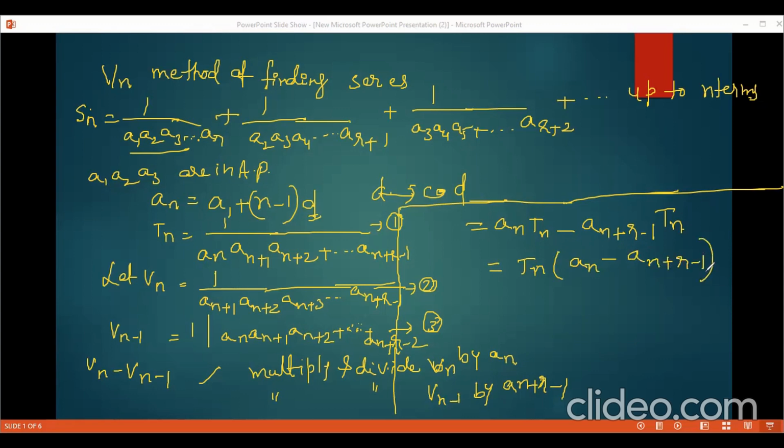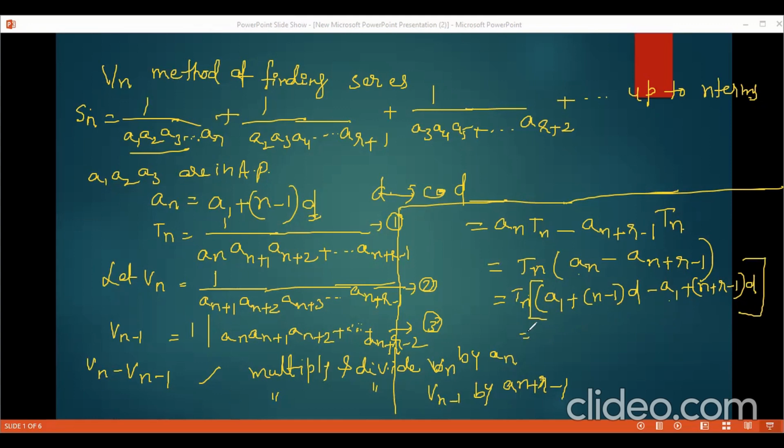Now what is An plus r minus 1? You keep Tn as it is. This An is A1 plus (n minus 1) into d, minus An plus r minus 1. I can write this as A1 plus (n plus r minus 1) into d, and Tn is common for the total thing. Now, how do we simplify this?